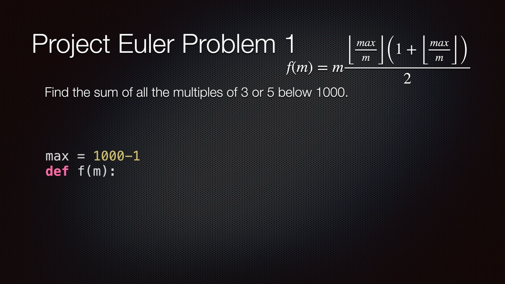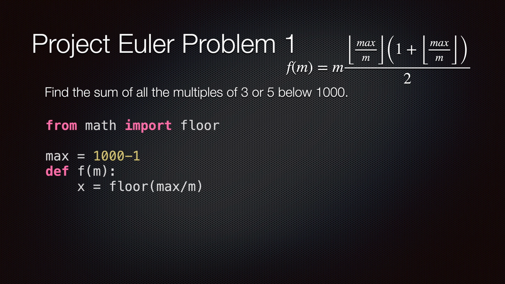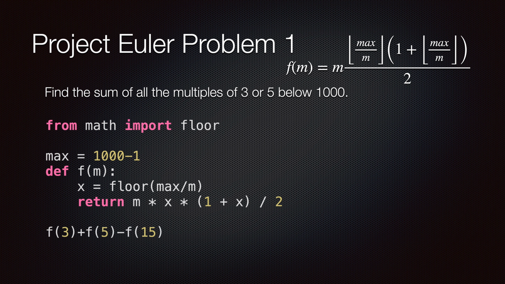Let's perform that floor operation once and store it into a temporary variable. Finish out the rest of the function. Call our function with our desired multiples and remove our undesired multiples. And finally, print it out.